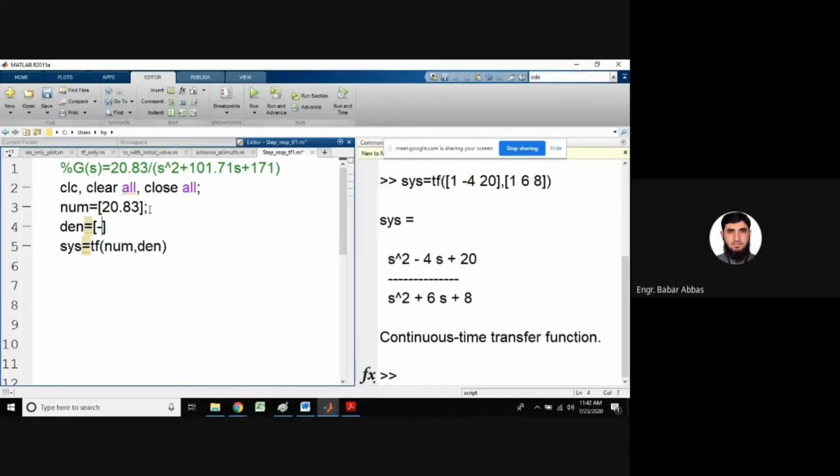The coefficients are 1, 101.71, 171. So that will be the sys. You can just directly write the transfer function.